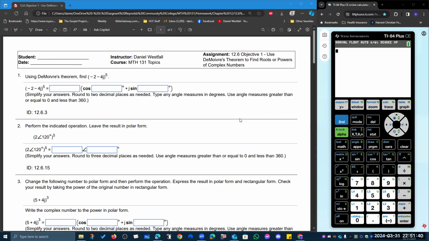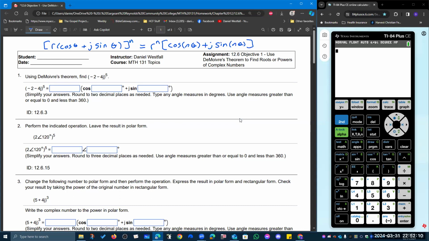DeMoivre's theorem says that if I take the complex number in polar form r times cosine of theta plus j sine of theta, and I raise that to the n power, then I'm going to get r to the n times cosine of n theta plus j sine of n theta.